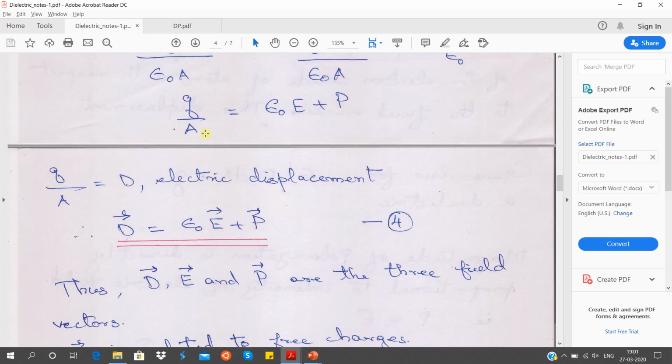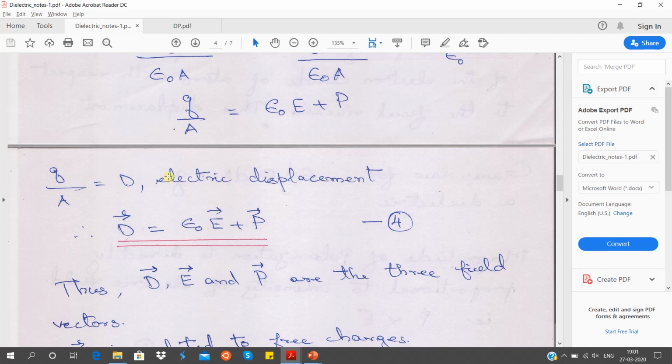So if I substitute this back over here, it becomes D is equal to epsilon naught E plus P. This is a very important relation. D is the electric displacement, epsilon naught is the permittivity of free space, E is the electric field, and P is the polarization due to the bound charges.